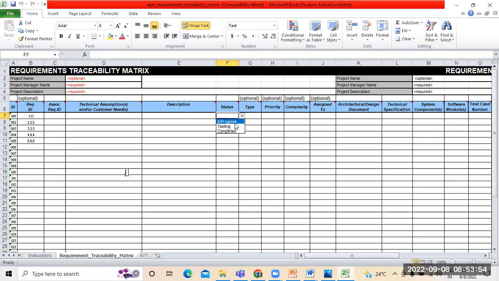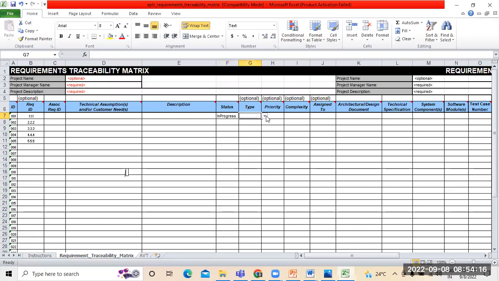As days go on, in the progress of it, is that requirement in the progress stage, or in the testing stage, or is it completed? So they have to mention the status.